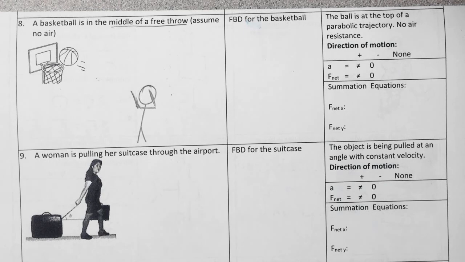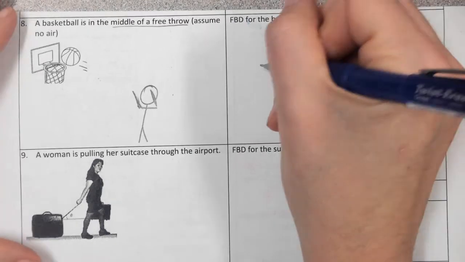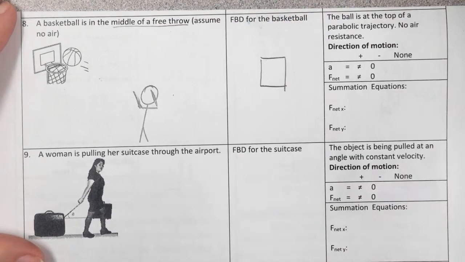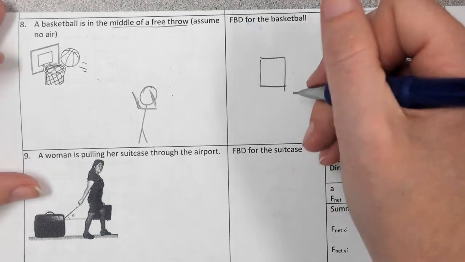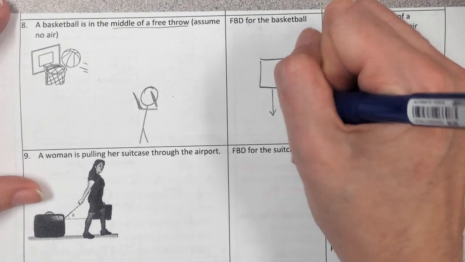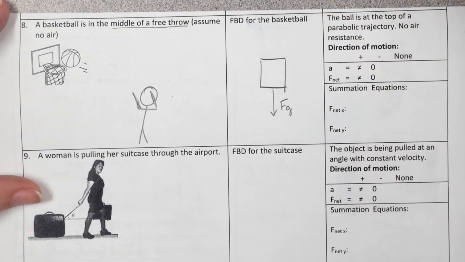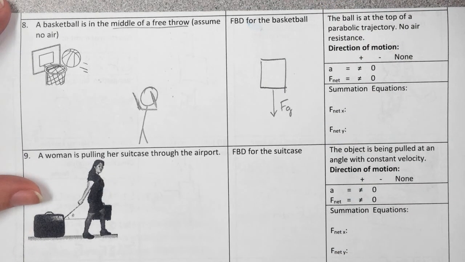Ready for this one? So, free body diagram for the basketball. What forces are pushing or pulling on our basketball? Definitely gravity. Is there anything else pushing or pulling on our basketball?